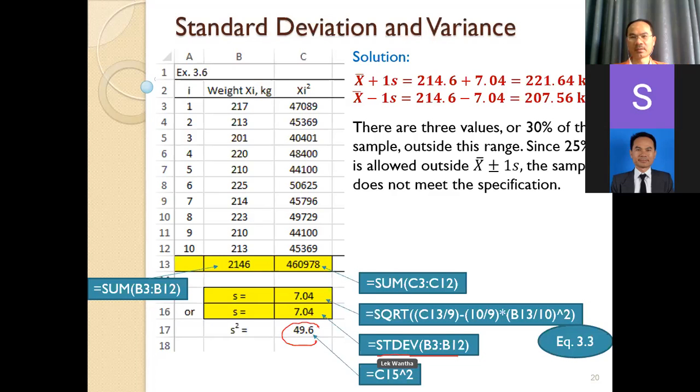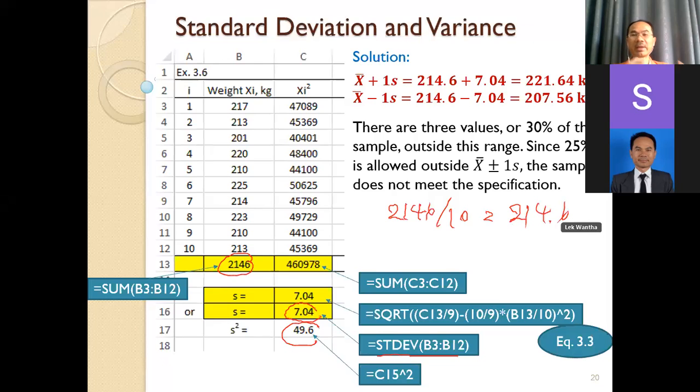Okay, for this case, we get the standard deviation of 7.04. And the mean is 2,146 divided by 10, you get 214.6. This is the average.